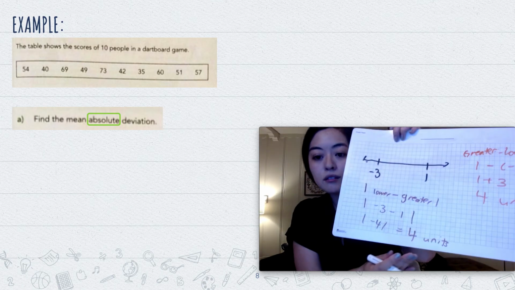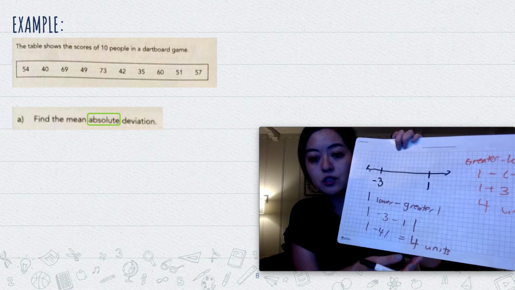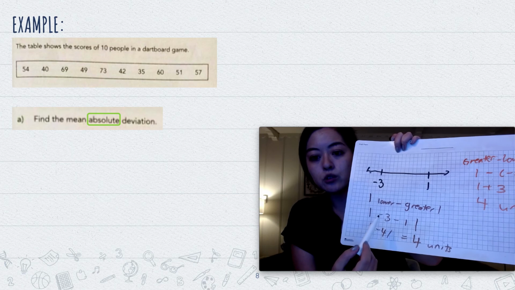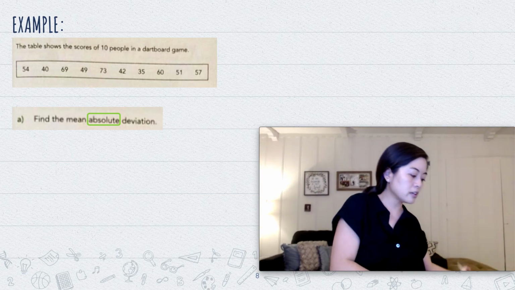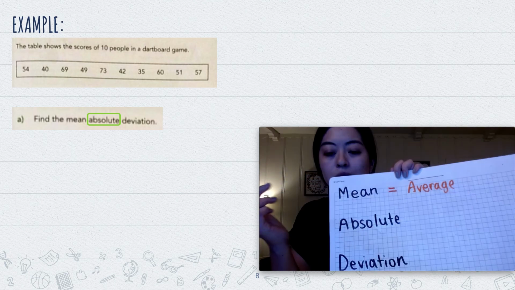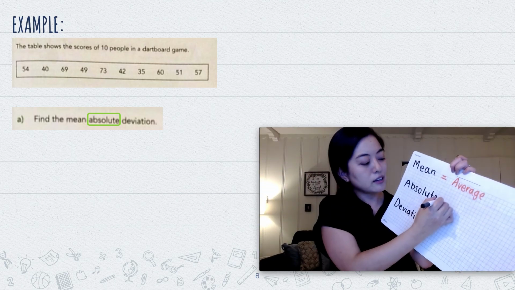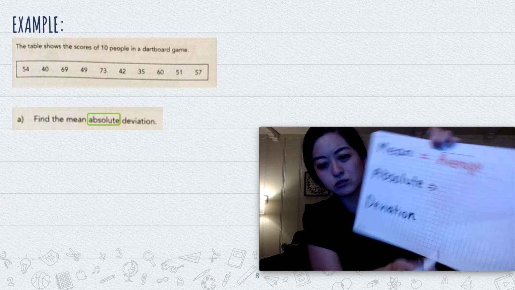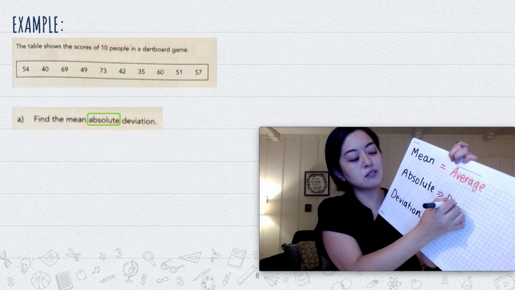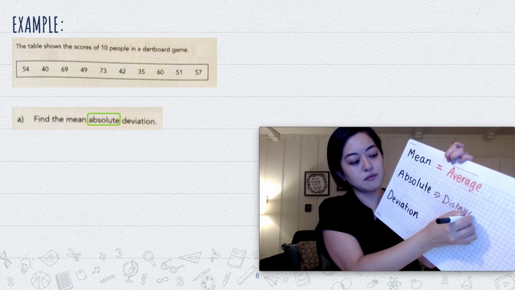Remember, distance can never be negative. That's why we use absolute value when we do a lower number minus the greater number. So here, absolute is related to distance. I'm going to draw an arrow, maybe not an equal sign, but it's related to distance.